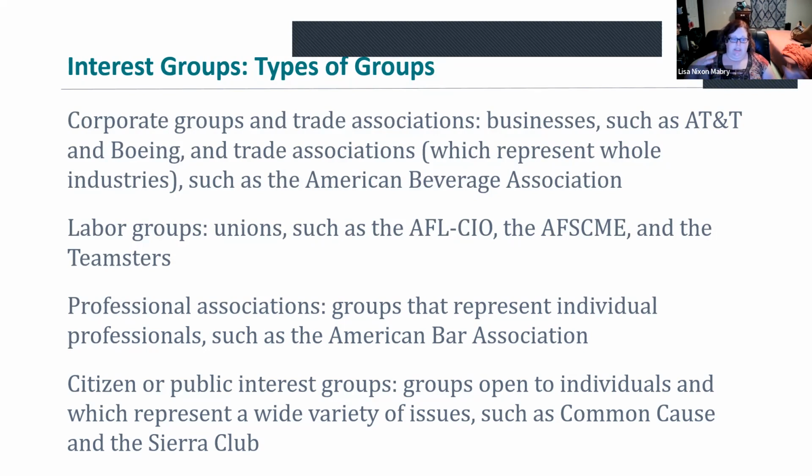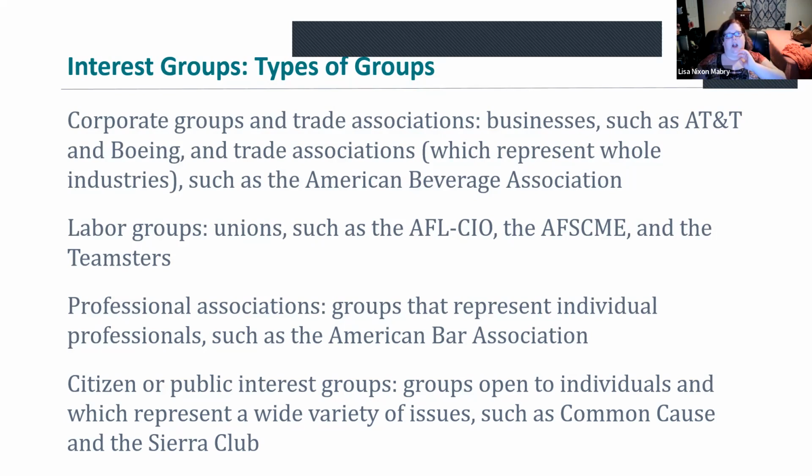But the largest variety, the largest umbrella one, which focuses more on a general kumbaya, make the world a better place, is the citizen and public interest groups. So you've got your business groups, your working groups, and then your professional groups.